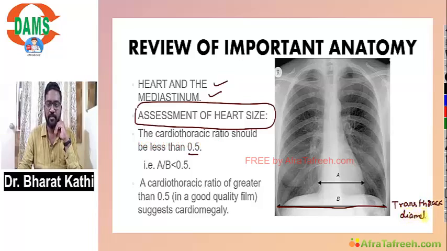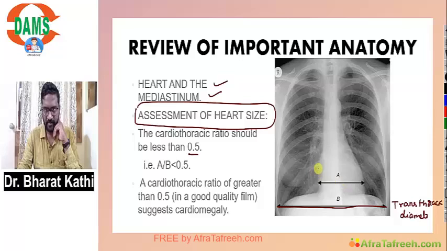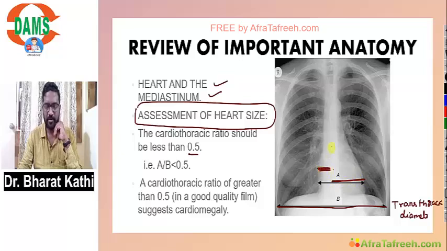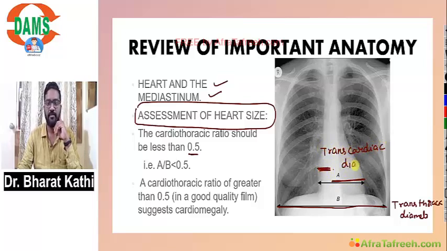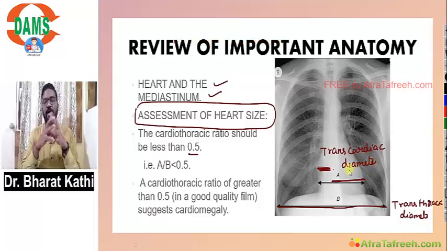And at the level of the heart, usually here it is not correctly shown, you have to take the most convex part here and also the most convex part here. So you have to total this. So this is called the transcardiac diameter.